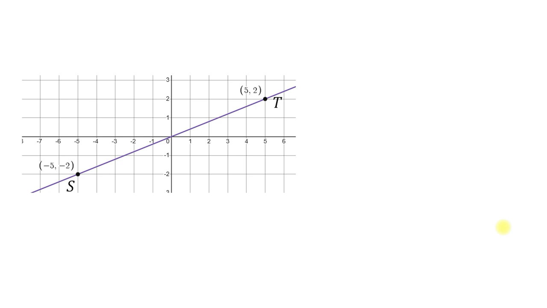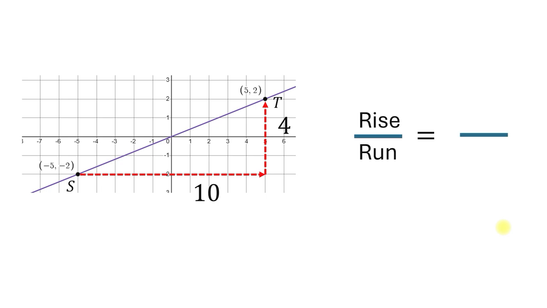Here we have two coordinates, S and T. S moves 10 units over to the right along the x-axis, followed by 4 units up to bring us to the T coordinate.